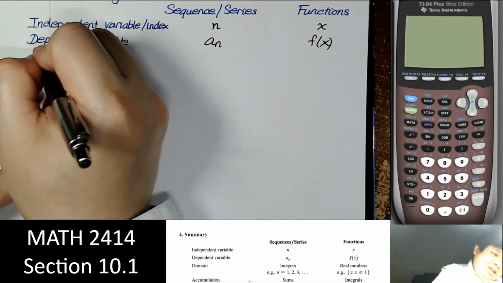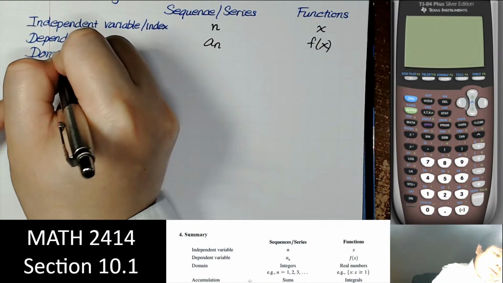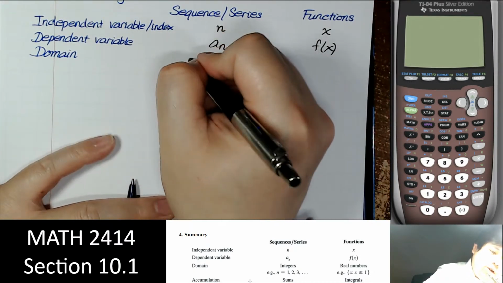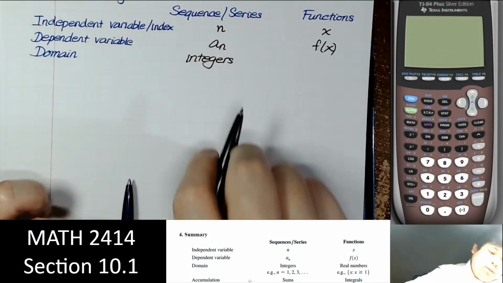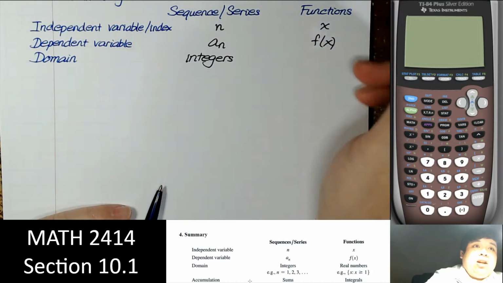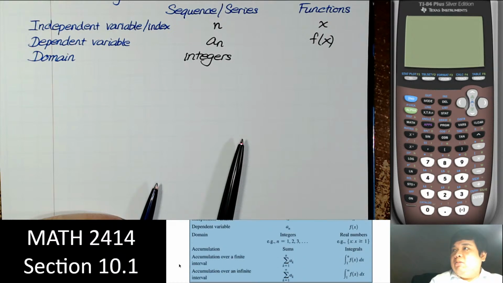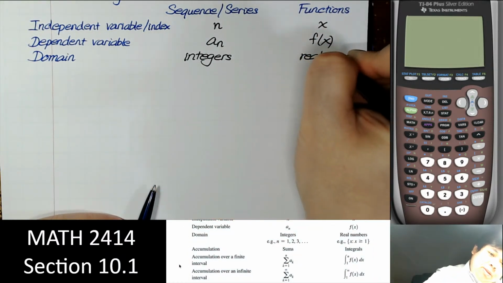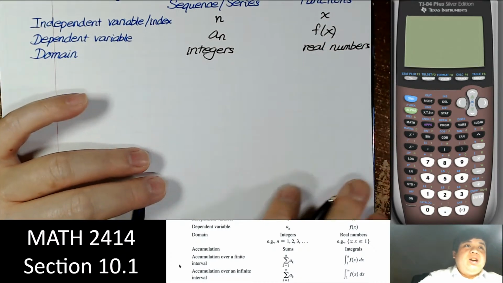Domain: for sequences, integers, and for the function, the domain could be anything, not only real numbers, but could be complex or whatever. So just straight real numbers, or a subset of real numbers, to be precise.